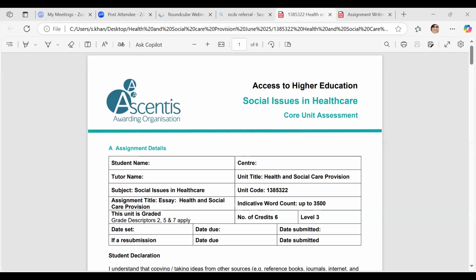We also looked at health and well-being inequalities for different social groups, like race and ethnicity, gender, disability, age. We then went on to look at social class, race, ethnicity, gender, geographical region, including rural and urban living.